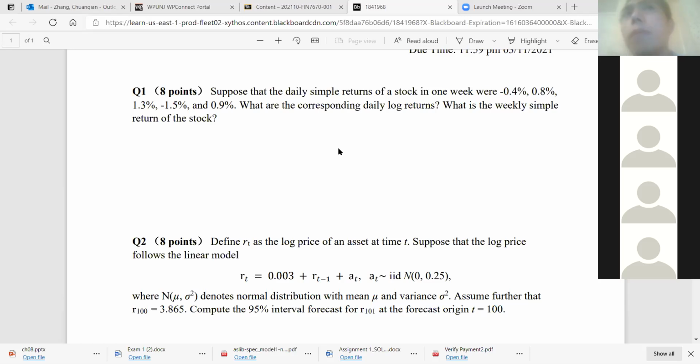One is the log returns, the other is the simple returns. So the simple return, for example, if I tell you the security price between any 2 days, and you want to figure out what the return is, just calculate the percentage increase in price. And you multiply over multiple periods to get the simple return during these periods.